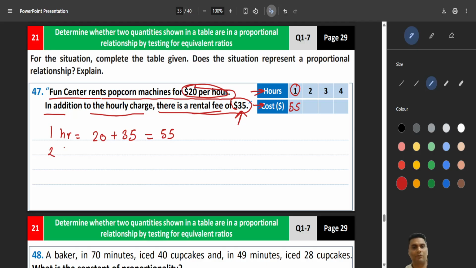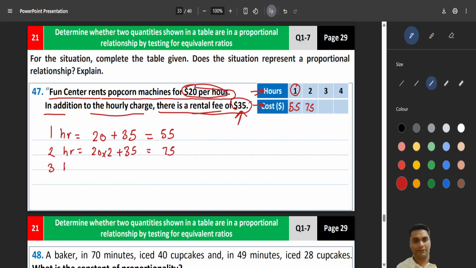For 2 hours how much? So $20 for 1 hour. So for 2 hours it will be 20 times 2. Correct? Plus 35 rental fee is fixed. This will not change. So 20 times 2, 40. 40 plus 35, 75. Right? So here 75.